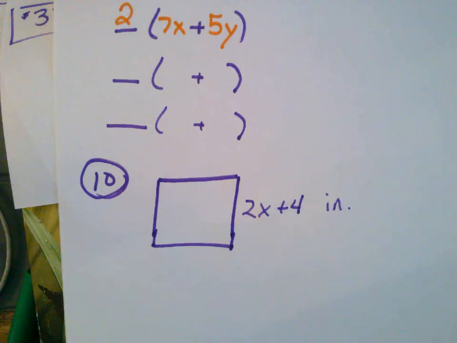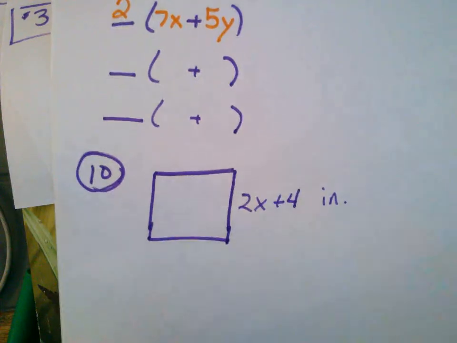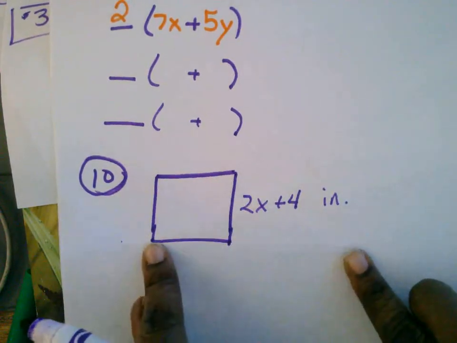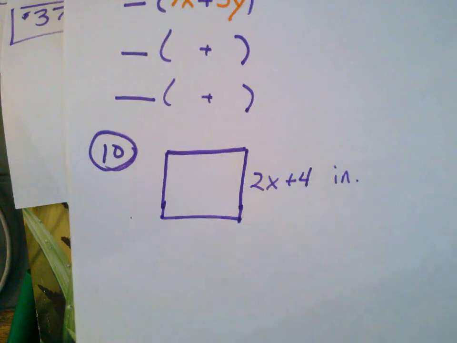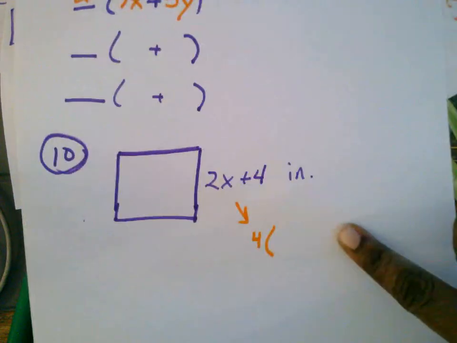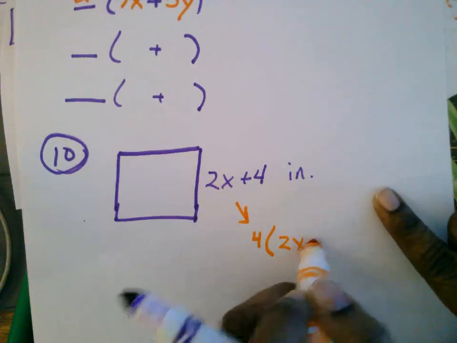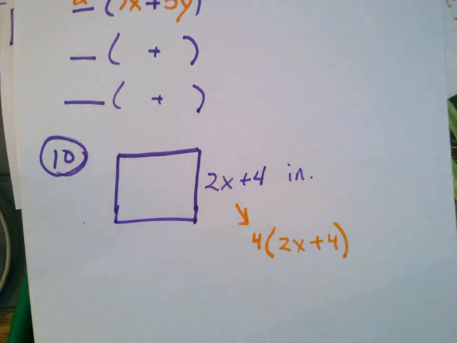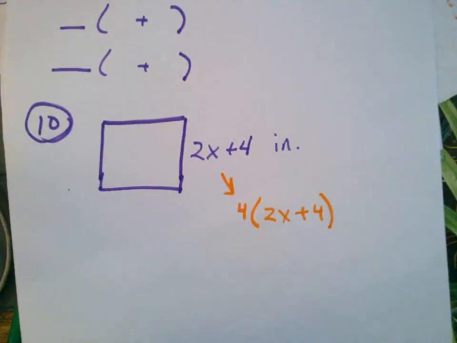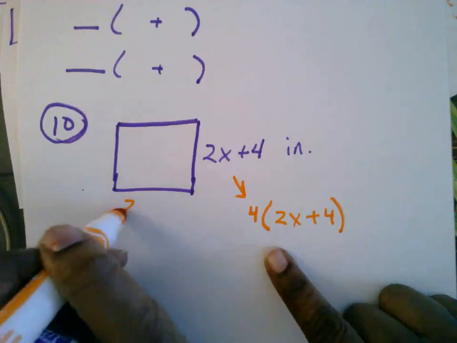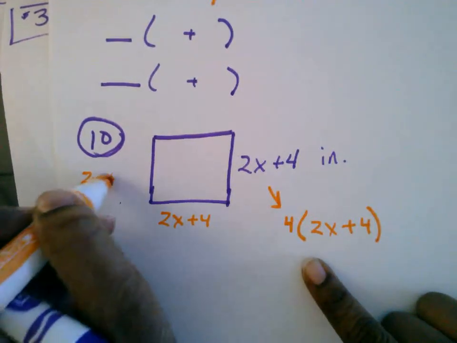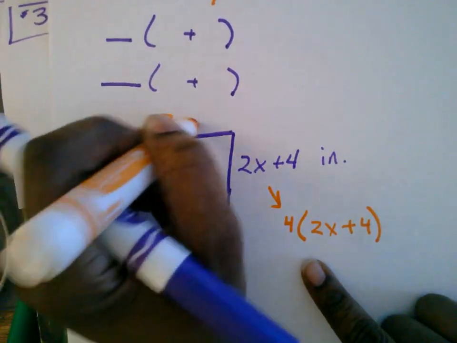That means that the perimeter is going to be given by adding all 4 sides. So you can have 4 times 2x plus 4. That means this side is 2x plus 4. All 4 sides are 2x plus 4, 2x plus 4.